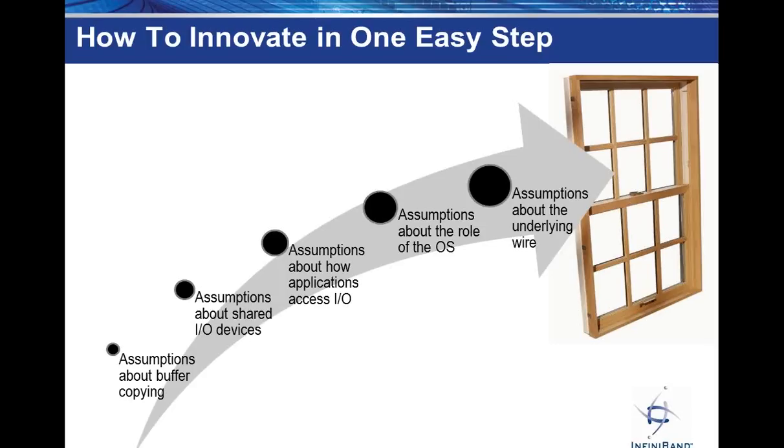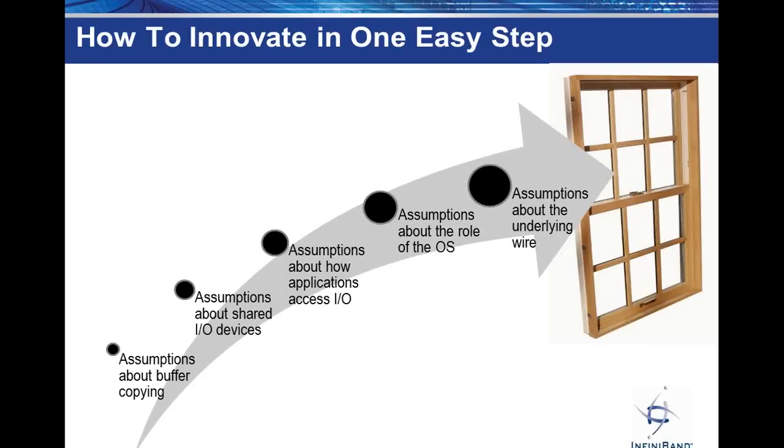We needed to get rid of assumptions about shared I/O devices and the way that applications share I/O devices. We needed to think about ways that applications actually access the I/O service, and a whole host of assumptions that really just had to go right out the window if we were going to come up with a new and improved I/O architecture.